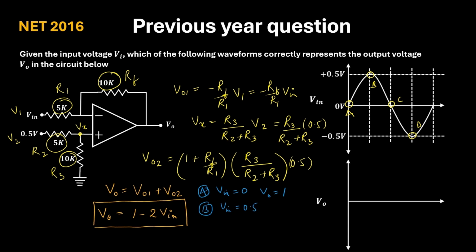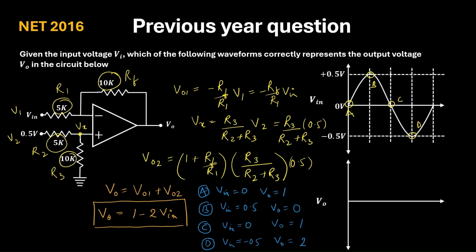So when V in is 0.5, you can substitute and you can find that V0 is 0. At point C, again V in will be 0, then V output will be 1. Similarly, at point D, V in will be minus 0.5. So if we substitute minus 0.5, then you will get V0 is equal to 2.